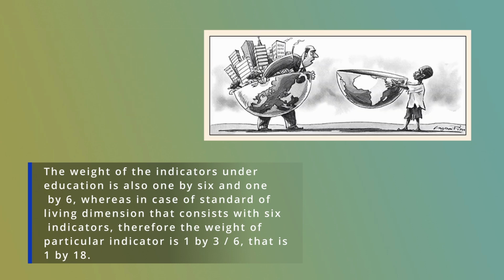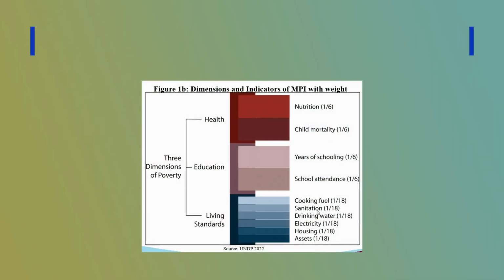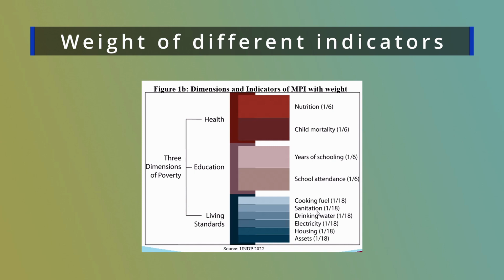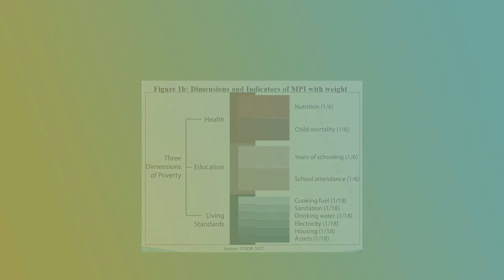Whereas the standard of living dimension consists of 6 indicators, therefore the weight of a particular indicator is 1/3 divided by 6, that is 1/18. Therefore, cooking fuel, sanitation, drinking water, electricity, housing and assets are attached with the weight 1/18. In this figure, the numerical value within the brackets indicates the weight of the different indicators.